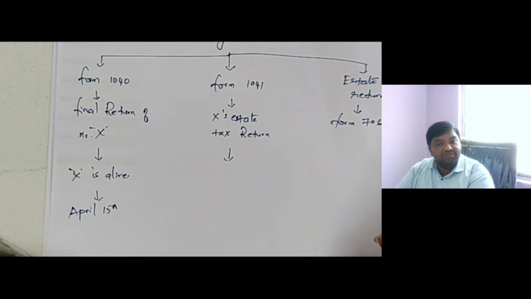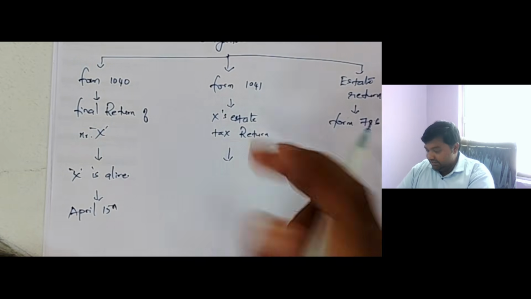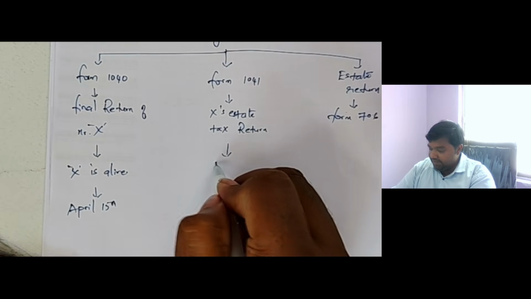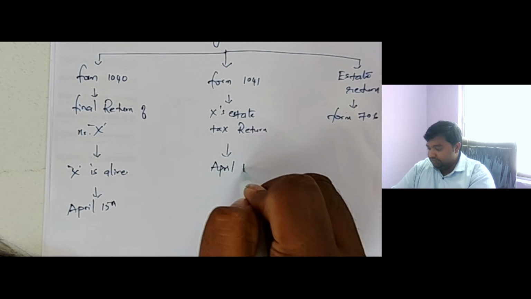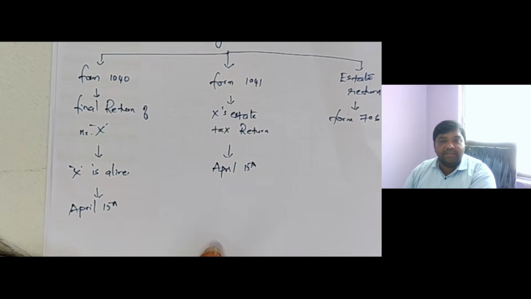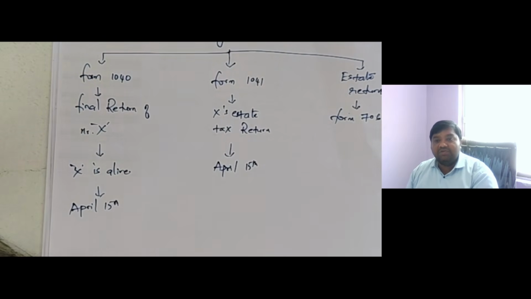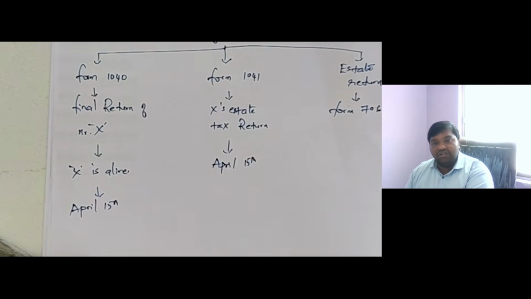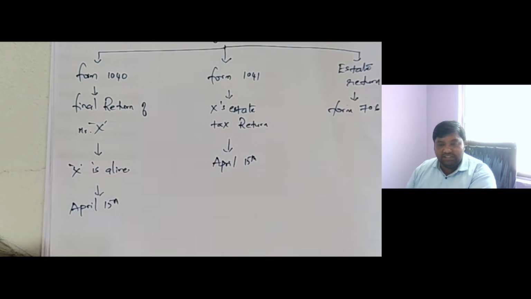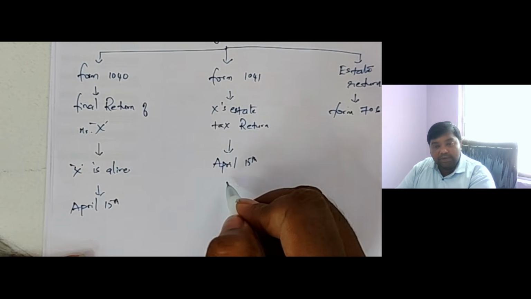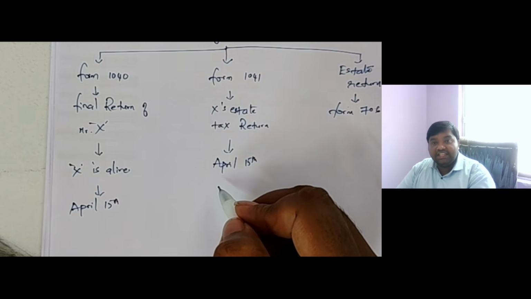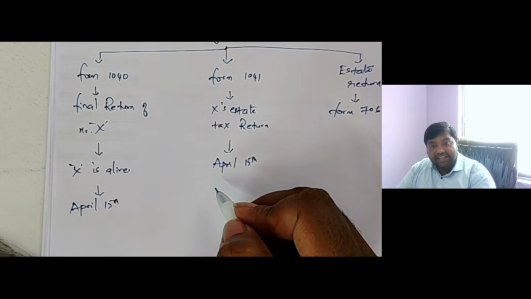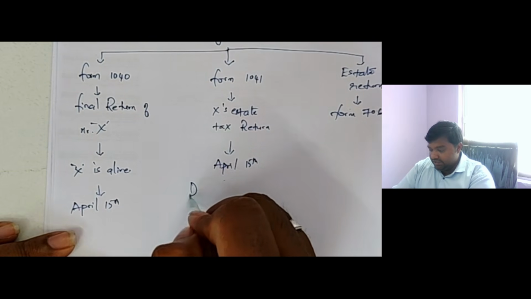Form 1041, estate tax return. This is also due April 15th. In your book it will be given as 3 months, 4 months after the end of the financial year, 4th month, 15th, so the same date, April 15th. And the deductions allowed are funeral expenses and administrative expenses.